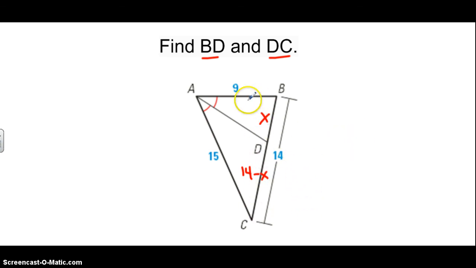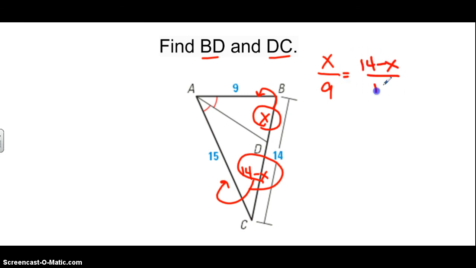Now, we know that the sides are divided proportionally with the adjacent sides of the triangle. So the way that I set this up, I like to do X over 9, so this side with its adjacent side length, and then this side that's divided by its adjacent side length. Cross multiply and solve, we get 15x equals 14 times 9, which is 126, minus 9x.